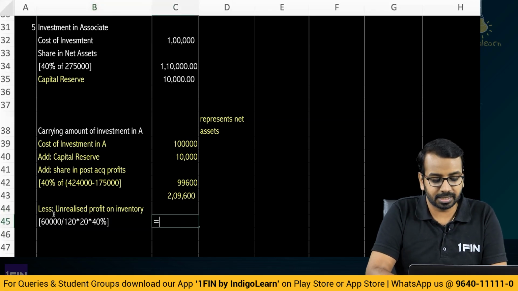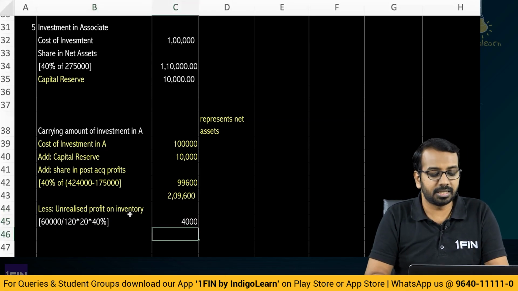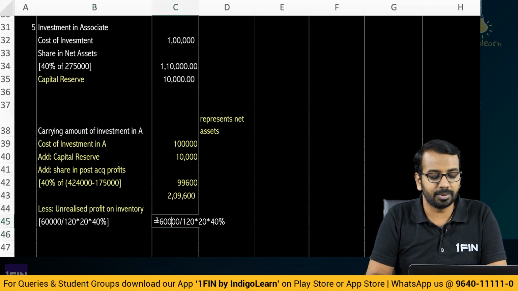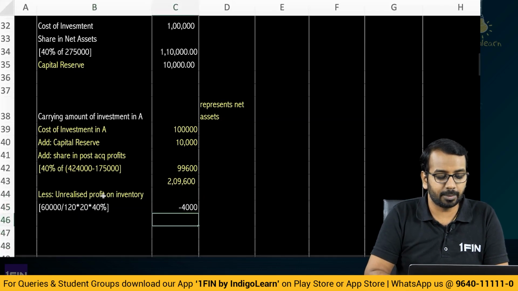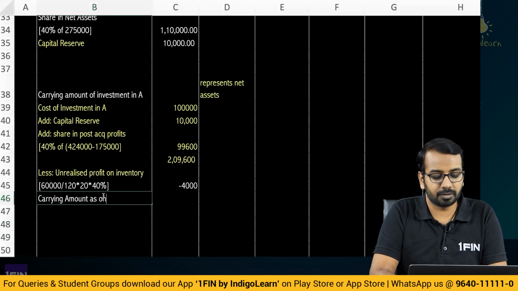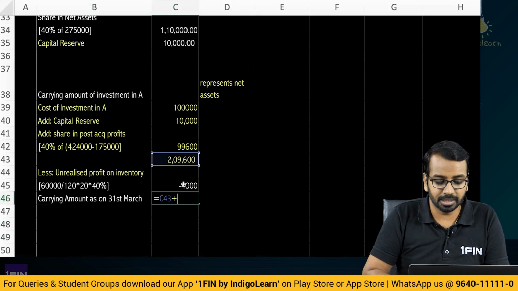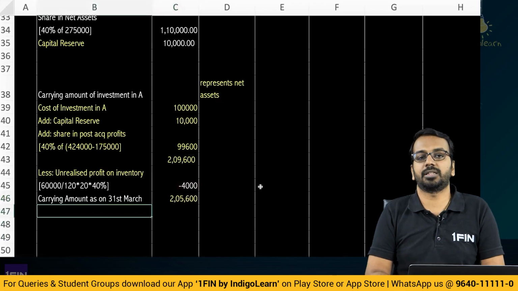So, if you do that, 60,000 divided by 120 multiplied by 20 multiplied by 40%, we get 4,000. This is unrealized profit which has to be eliminated. So, what is the carrying amount now? Carrying amount as on 31st of March would be 2,09,600 minus 4,000, that is 2,05,600.